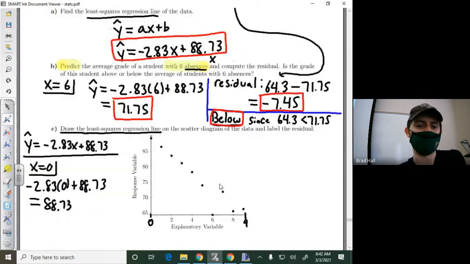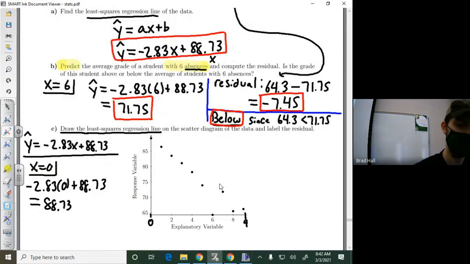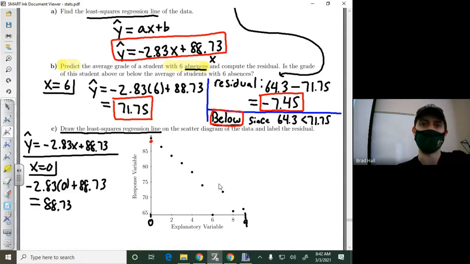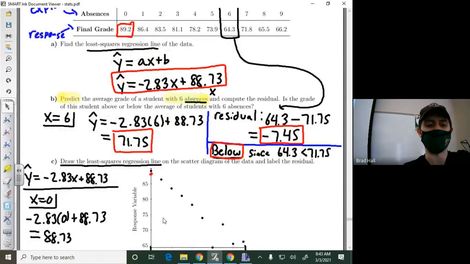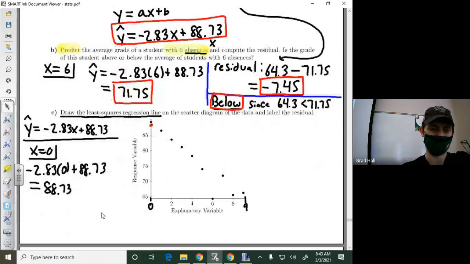And that does end up being slightly smaller than this point up here. The point at the very top is the observed value at 0, which we saw was 89.2. We got 88.73, which is slightly below it. That's why I put the red dot right below it.